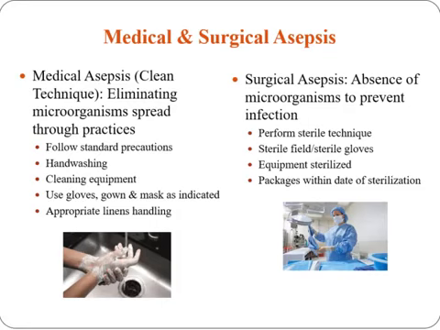Okay, so now that we've talked through our objectives and what you need to know, next let's talk about medical and surgical asepsis. So there are two types of asepsis in healthcare. There is medical asepsis and surgical asepsis. So let's look at medical asepsis first. It's also called clean technique.